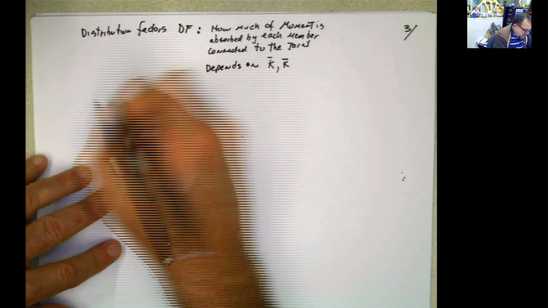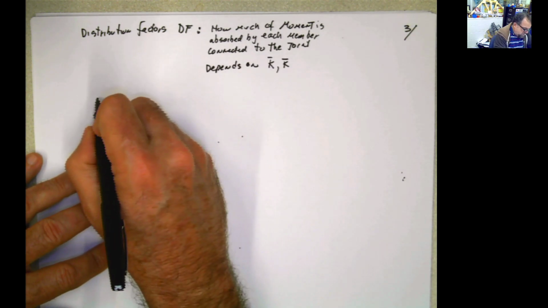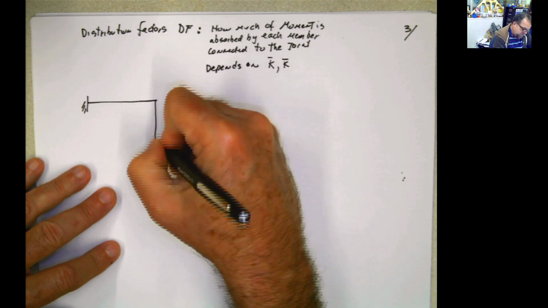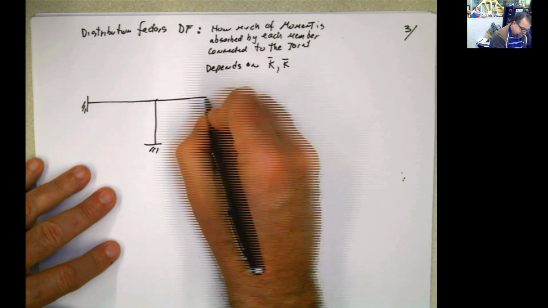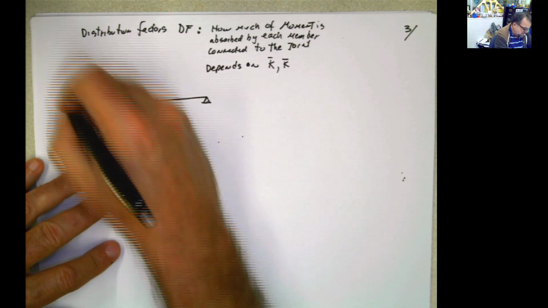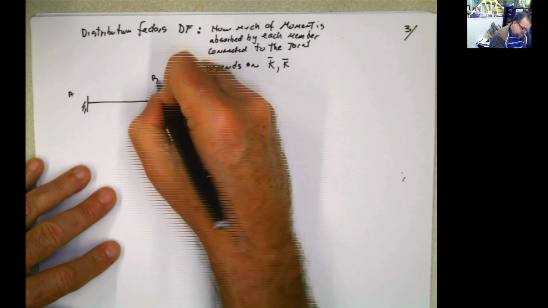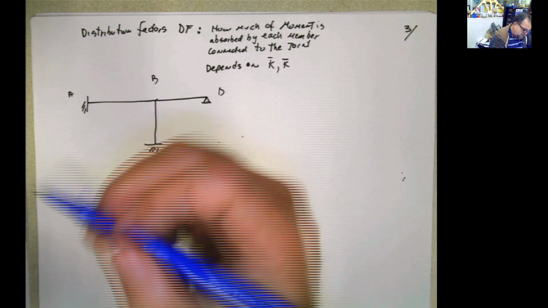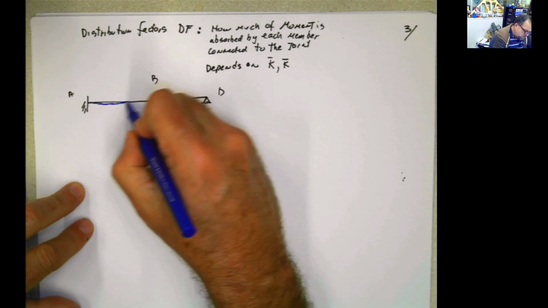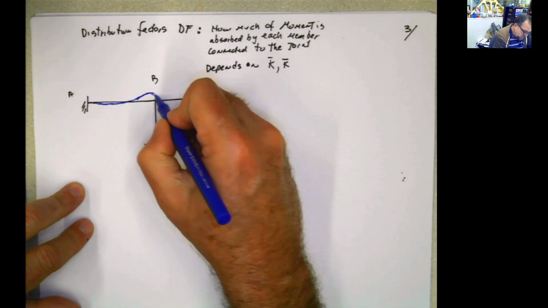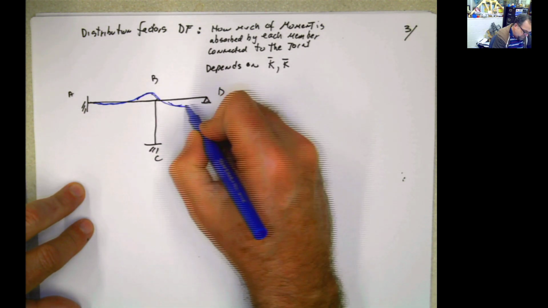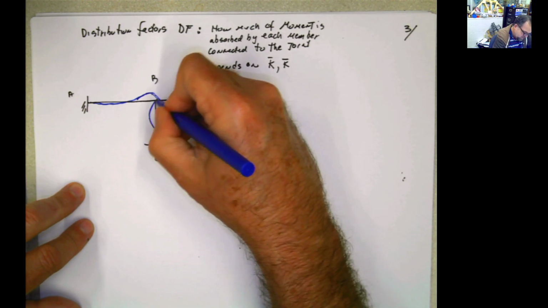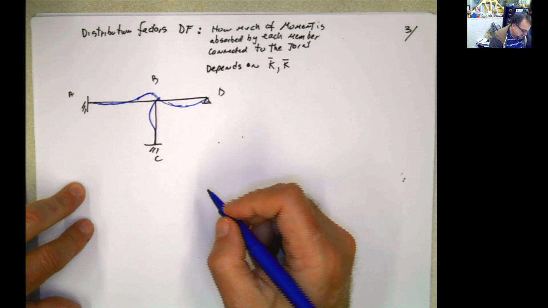Now let's go a little bit more complicated. Let's say that you have something like this, and this is A, this is B, this is C, and this is D. And this thing is going to deform depending on the weight of the load, something like this, I don't know.